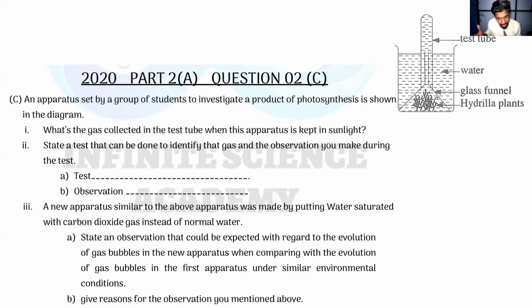If the answer is correct but not that accurate, just say you have written like this: the glowing splinter gets fired. But here, I told you two key words: the glowing splinter will relight with the bright flame. Then only you will get the marks. Azmat, did you get your answer correct?